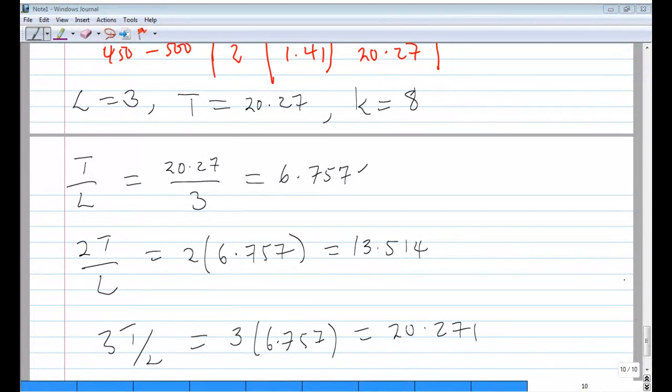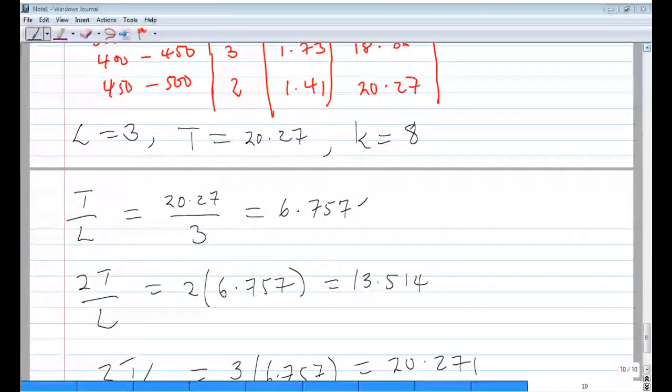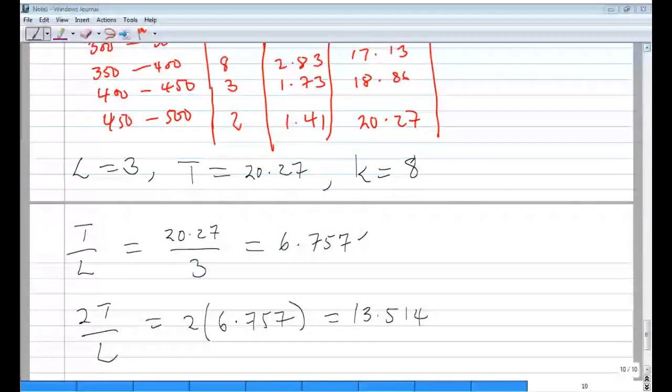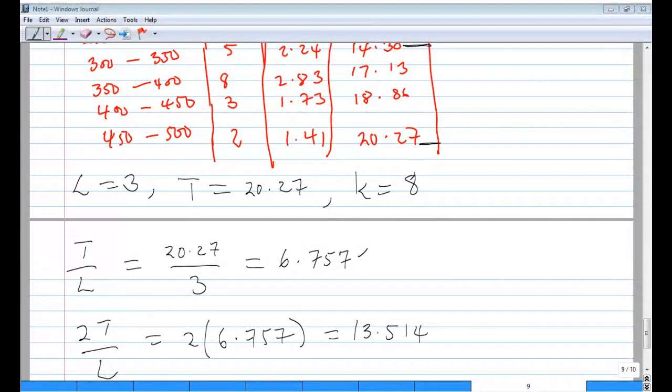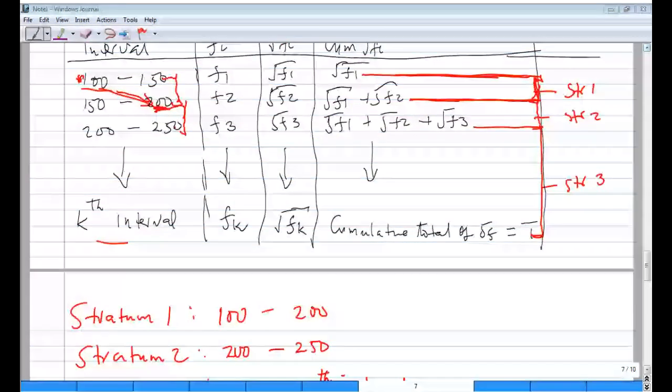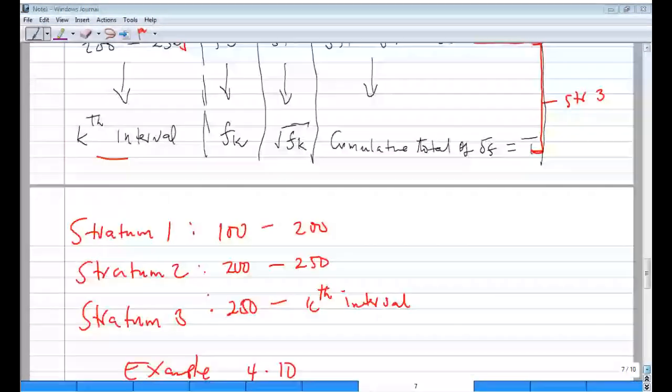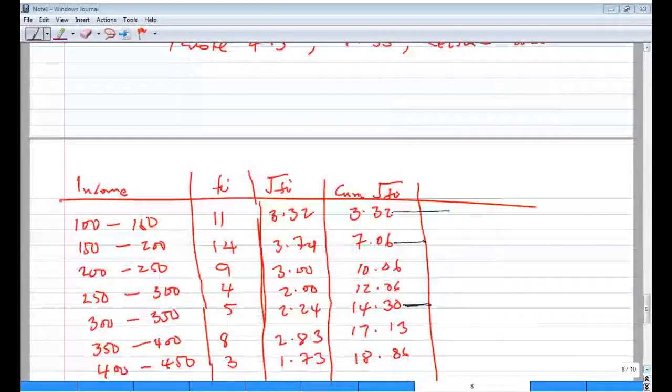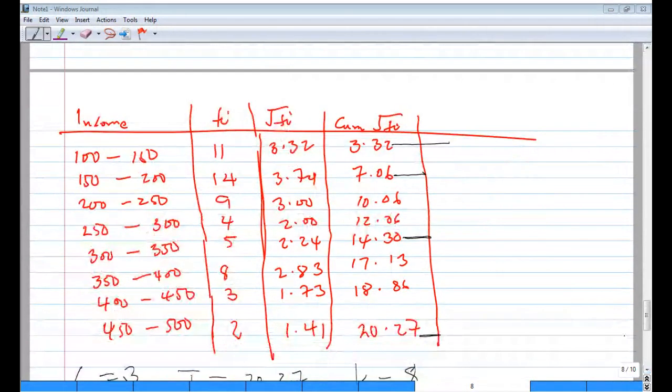The value close to that one? Obviously it's the last one, isn't it? It's this one, 20.27. Then after doing that, you join those bounds.